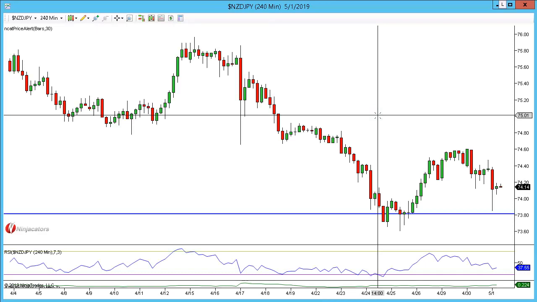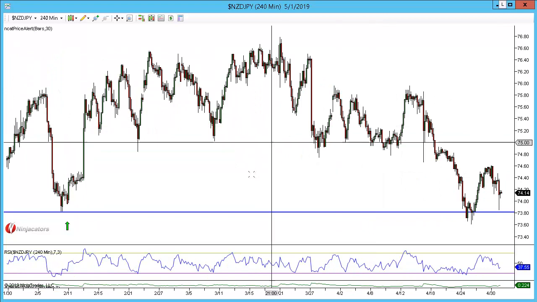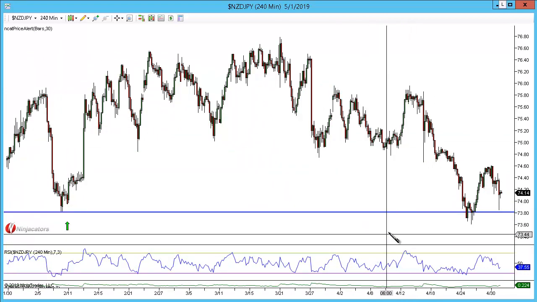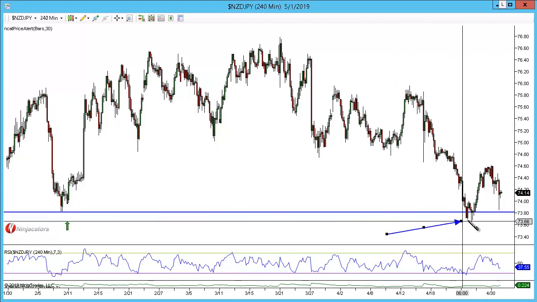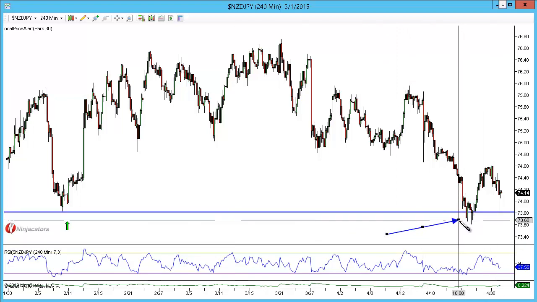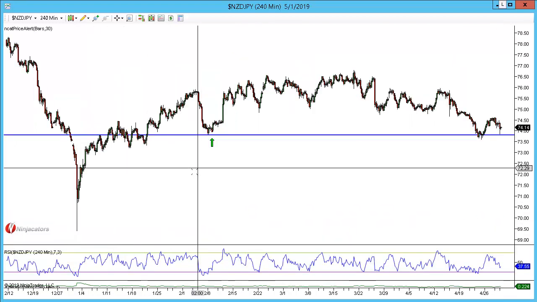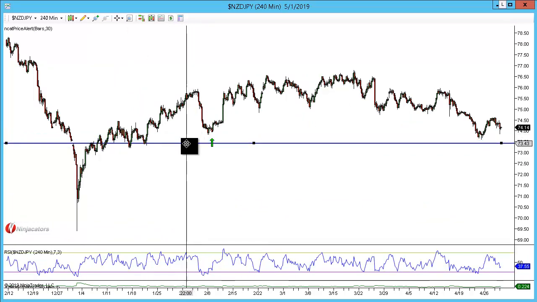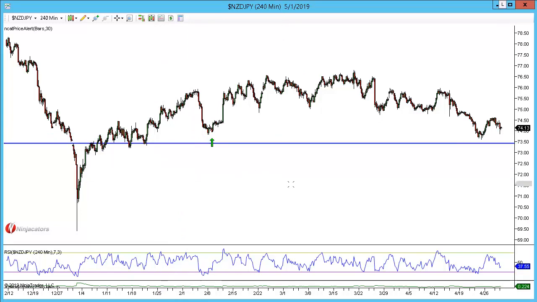On the 240 though, which is still classed as my higher time frame, we have a different story. You can see here that we actually had a break below, close below, so we violated structure. This was a double bottom, but it was invalid because it broke this structure level. And if we just take a look here, we can see price can come down to, as a minimum, this very first test right here.